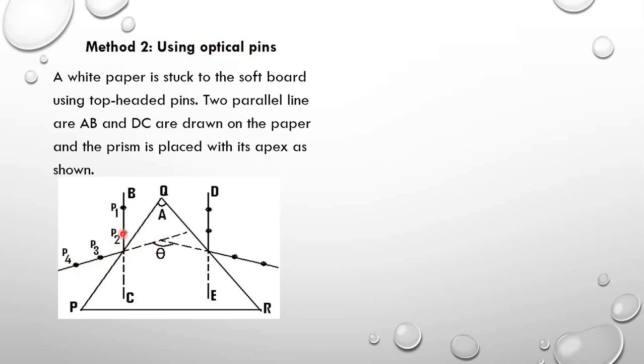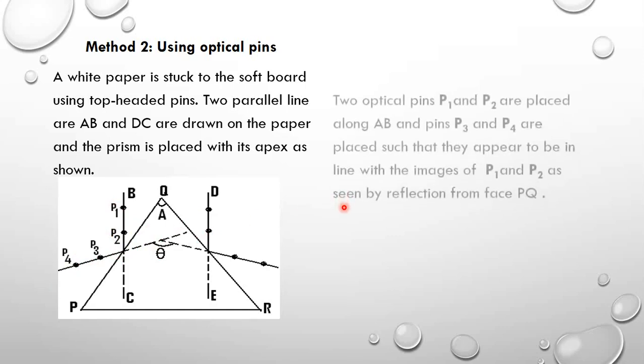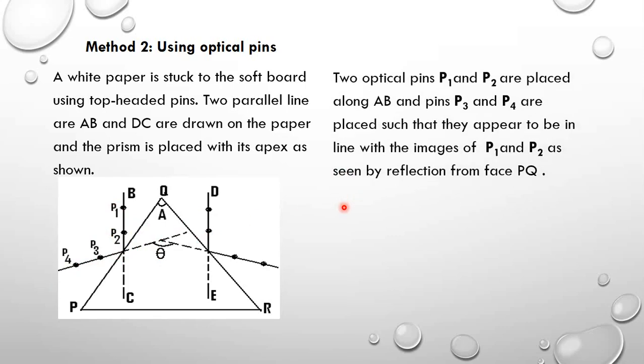And then we shall also repeat the procedure for this face QR, and also place pins P1 and P2 on this line DE, and then place the pins P3 and P4 such that they appear to be in line with the images of P1 and P2, as we observe from this other face QR.